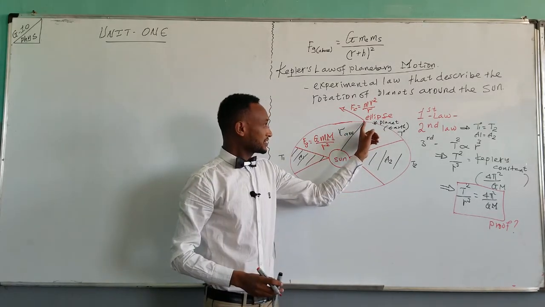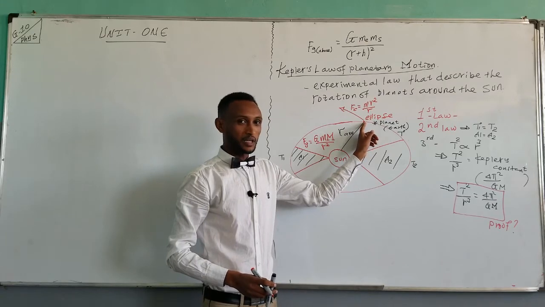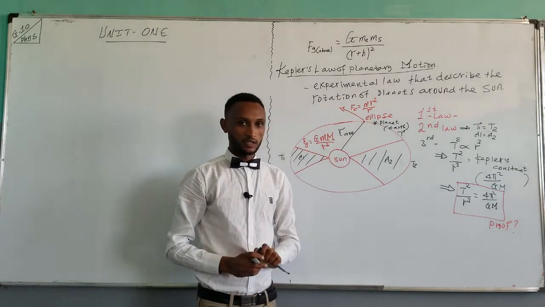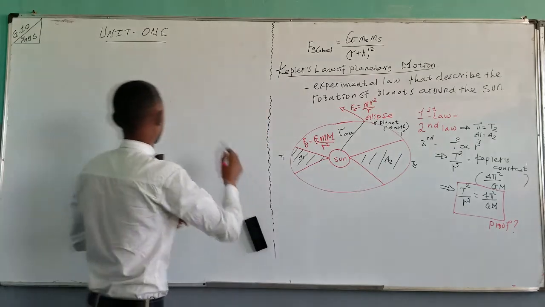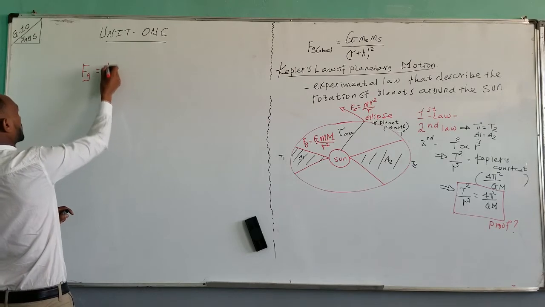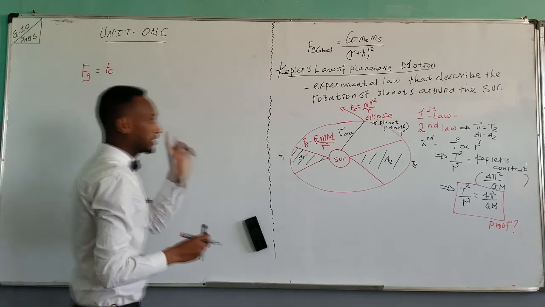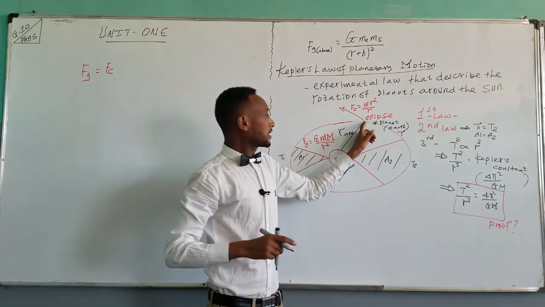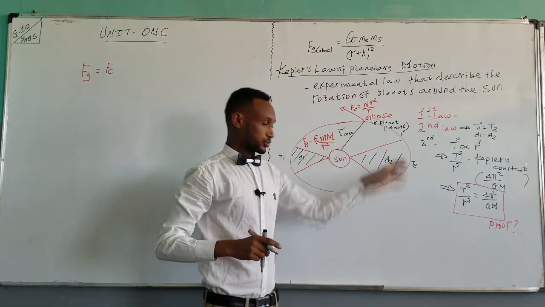at one focus point of this elliptical path, the centripetal force and the gravitational force are the same. Take that the gravitational force is equal to the centripetal force at the point where the planets orbit the sun.